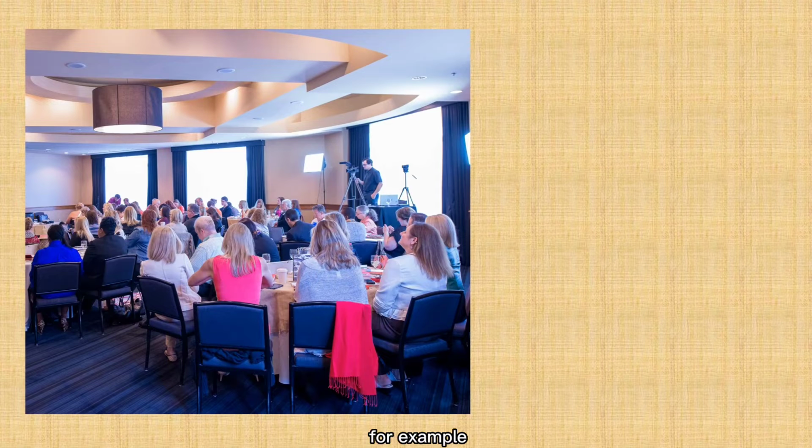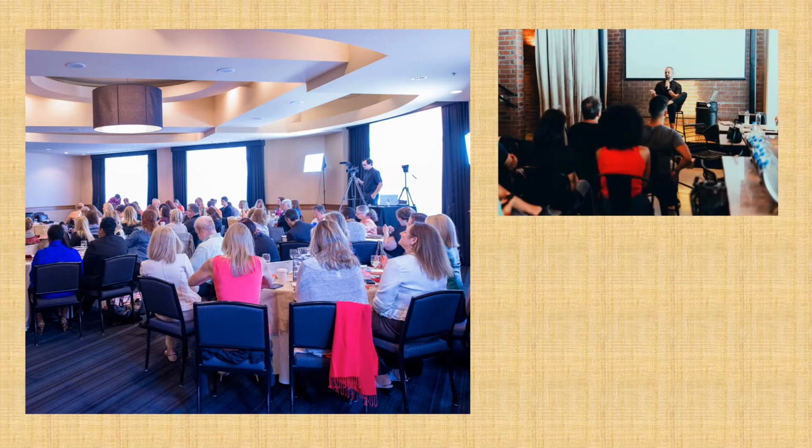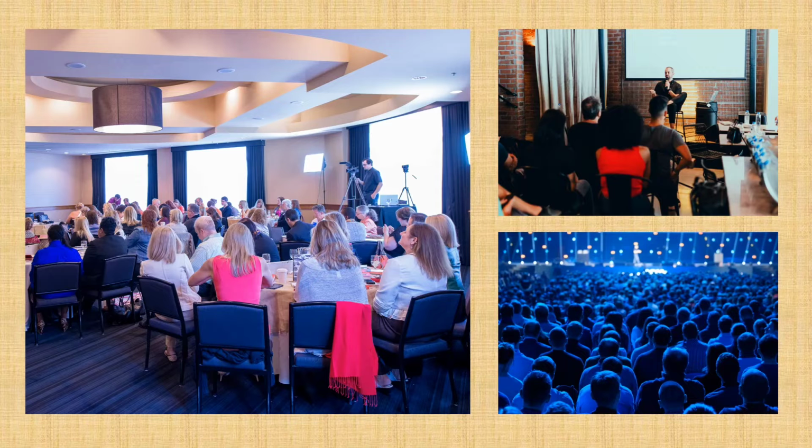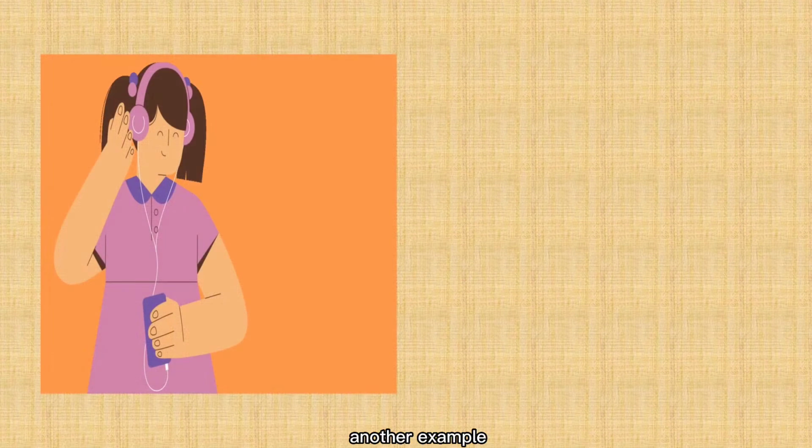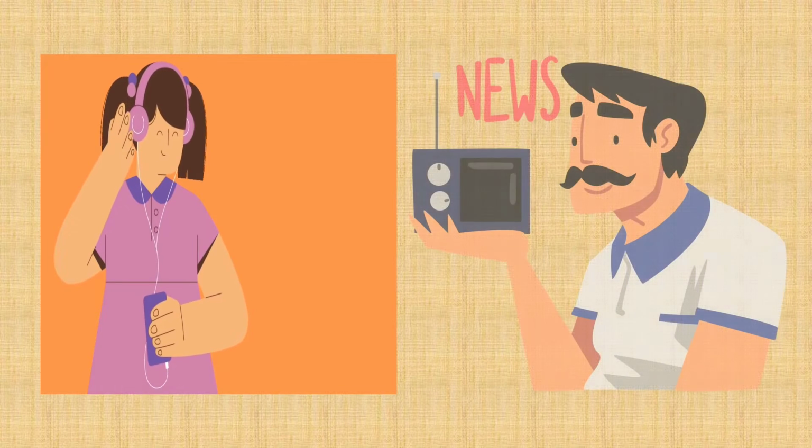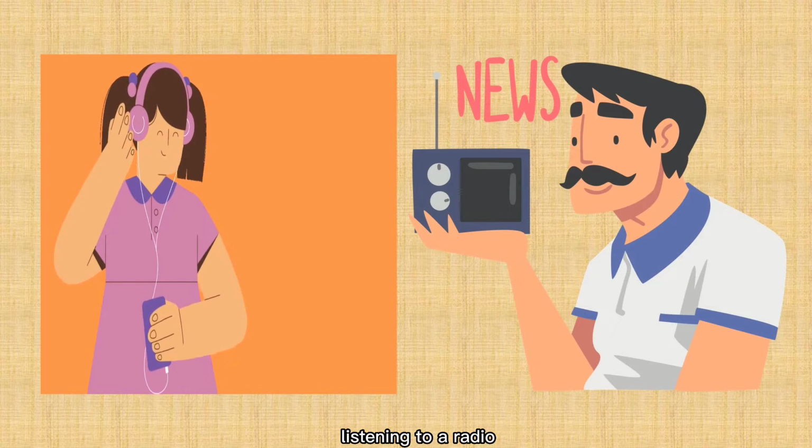For example, as you can see, there is less opportunity to form a two-way communication. The listener does not make any eye contact and has less room for asking questions and clarifications. Another example, listening to a radio.